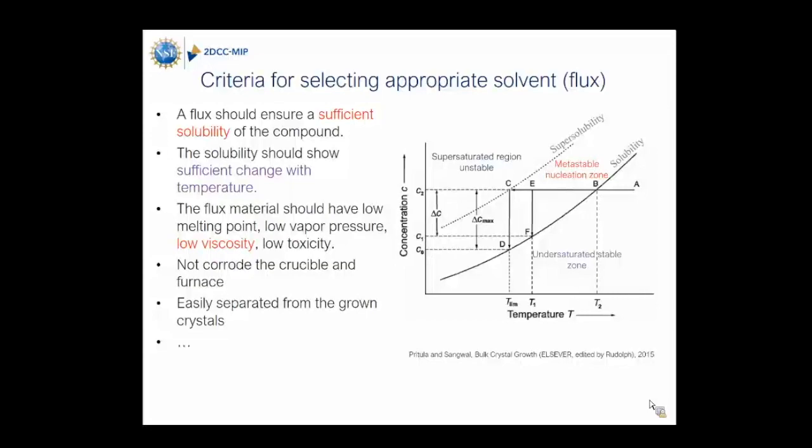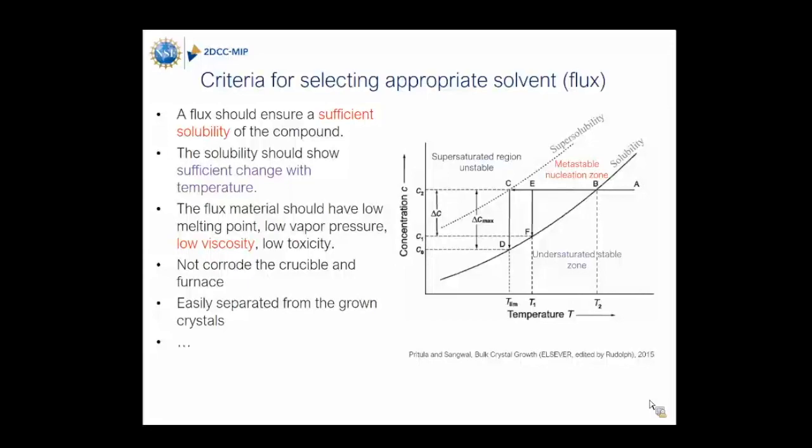Usually we choose a material with a melting point below 1000 degrees, typically. Of course, the material needs to have a low vapor pressure. If it has high vapor pressure, when you do growth at high temperature, the solution just keeps vaporizing. If your material is sealed in a quartz tube, the high pressure will break your quartz tube. So you need to ensure your vapor pressure is low.